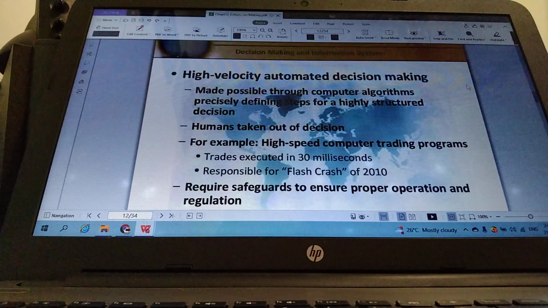where using some complicated or sophisticated computer algorithm precisely in defining steps for highly structured decision.